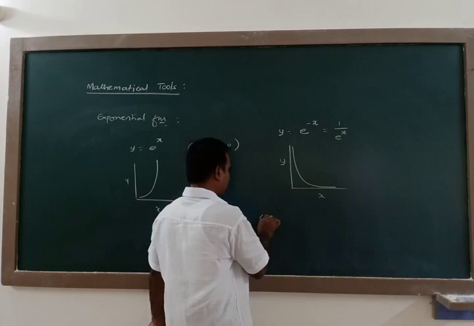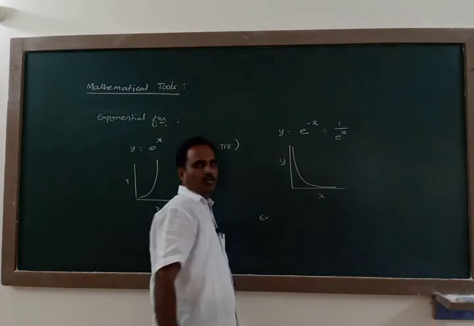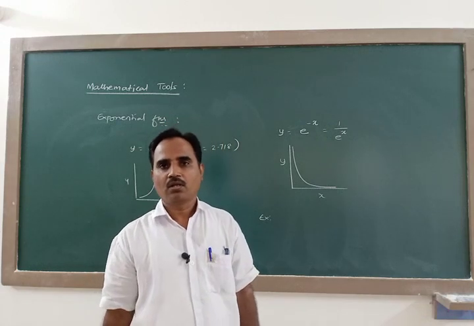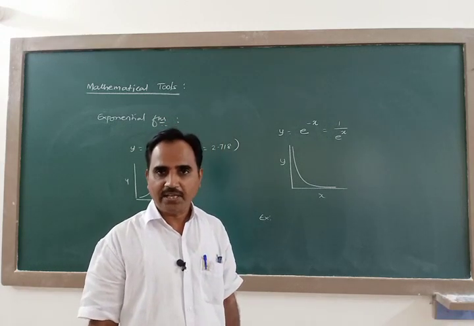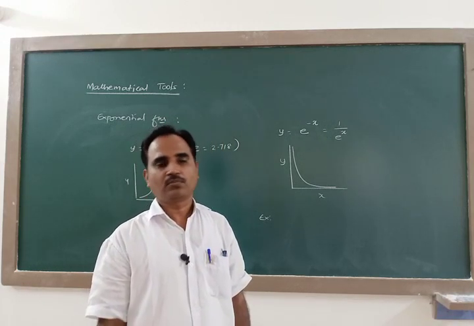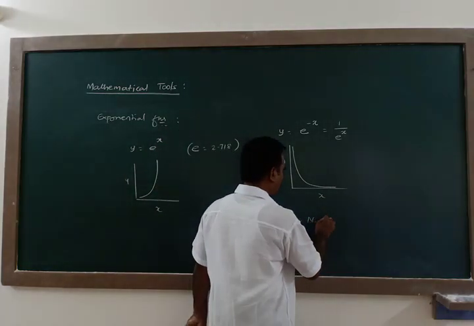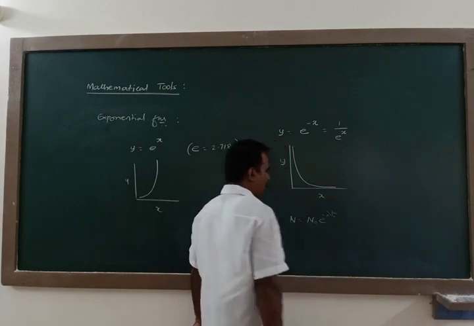For example, at school level you studied Rutherford's radioactive decay law, which is written like this: n is equal to n naught e to the power of minus lambda t.